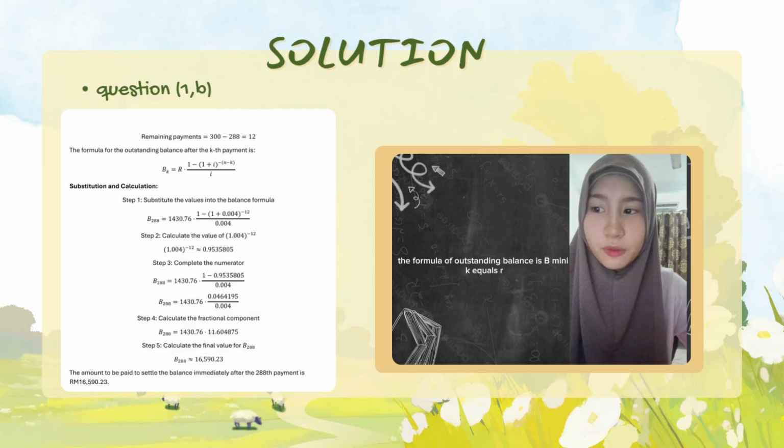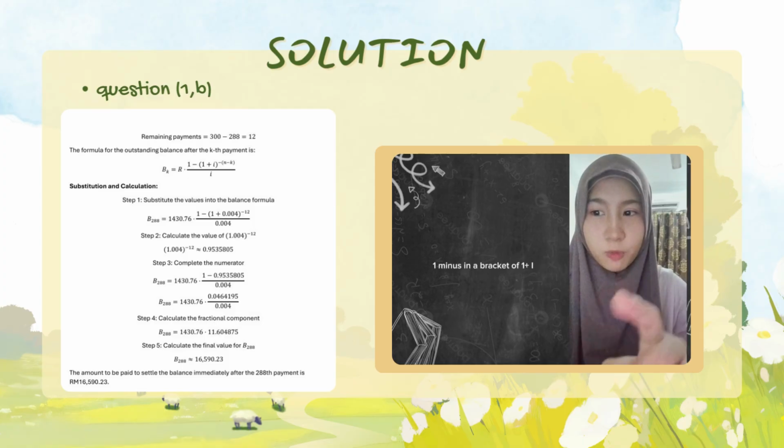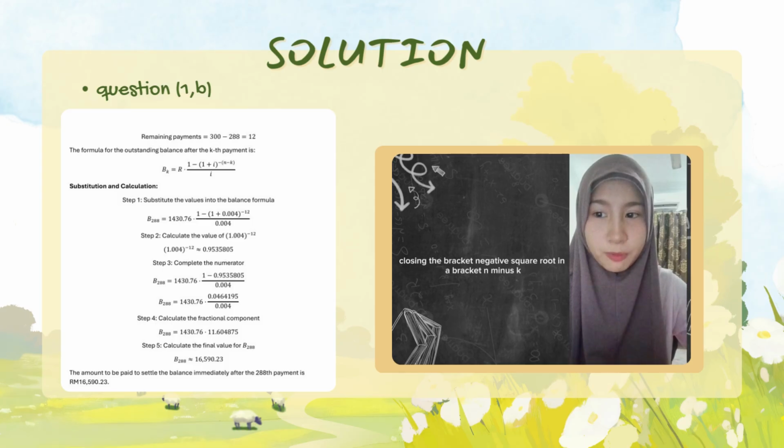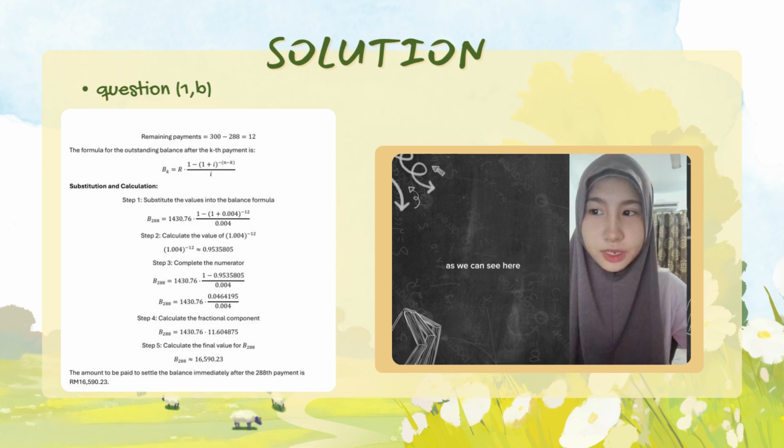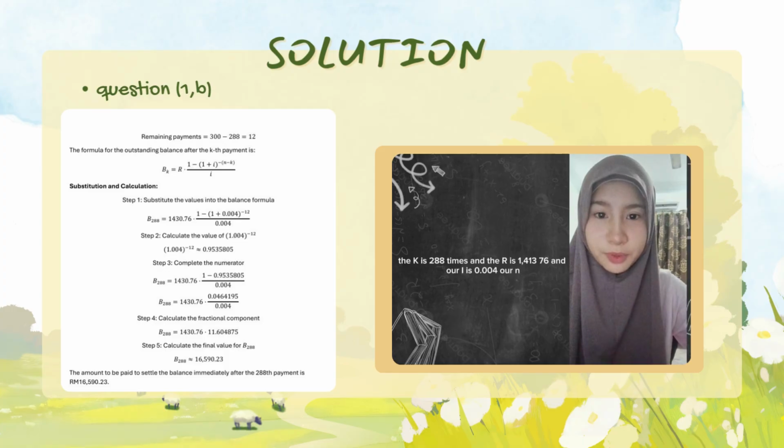The formula of outstanding balance is B_k equals R times 1 minus (1 plus I) to the power of negative (n minus k), over I. As we can see here, the k is 288 and the R is 1413.76 and our I is 0.004.